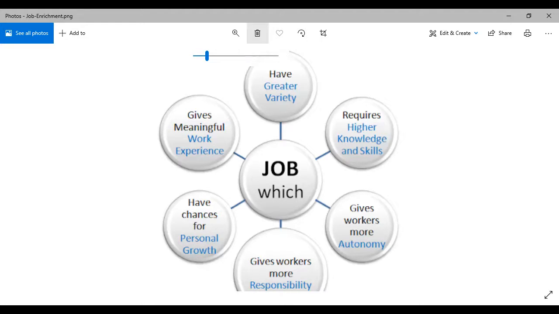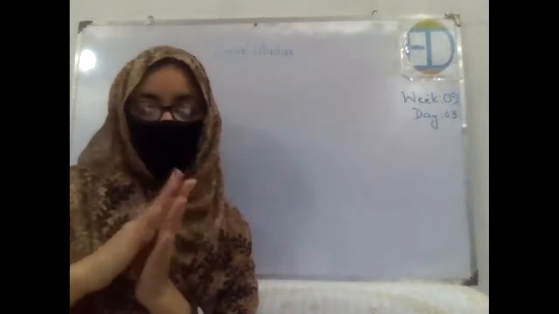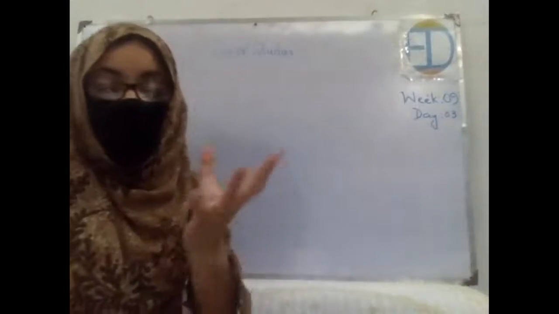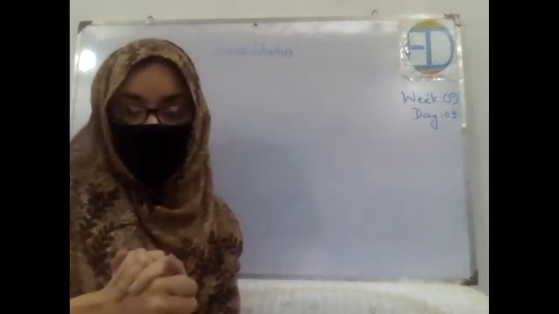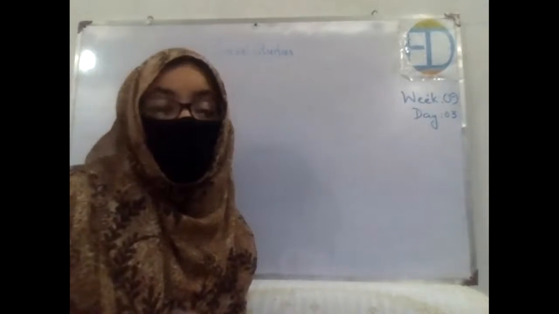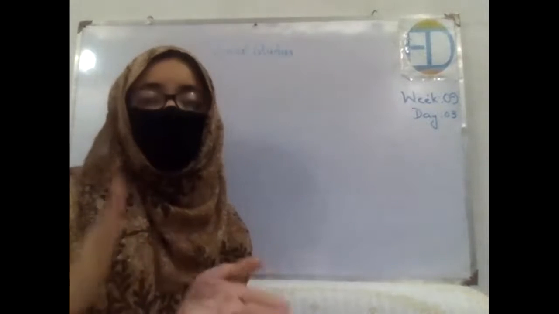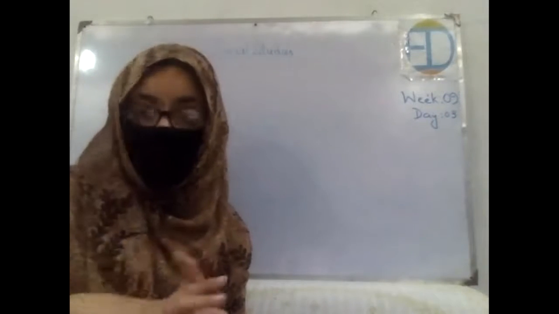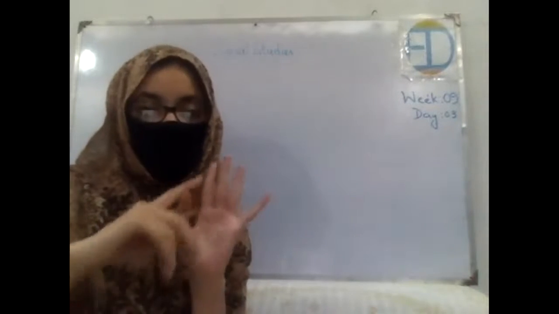Got it? So class, before ending the class, tell me what was so interesting, or summarize the whole lecture in 3 points, what you have learned in today's class. What is a job? Working somewhere, serving somewhere for a special cause, right? What three types of jobs have we discussed?